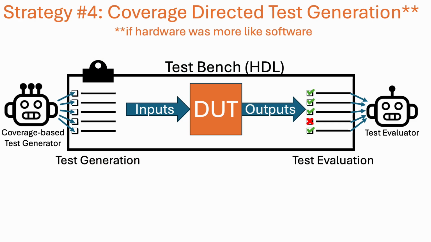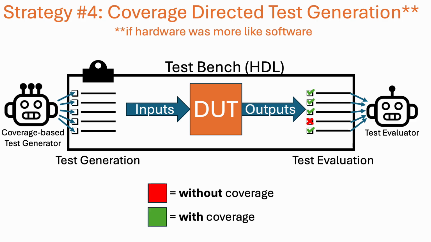The high-level idea of coverage directed test generation is best explained for software. So I'm going to pretend for now that this design under test is software, and you can see that we can color the source code or the machine code using red to mean something that hasn't been covered yet in terms of testing, and green being something that has been covered.